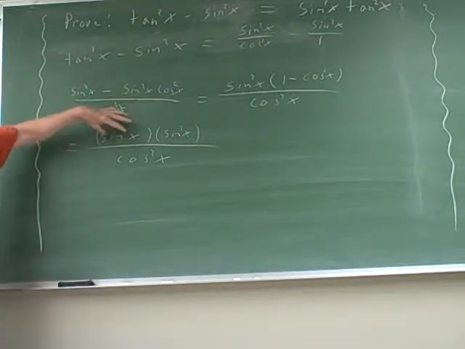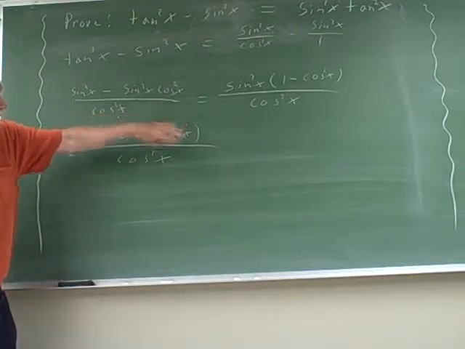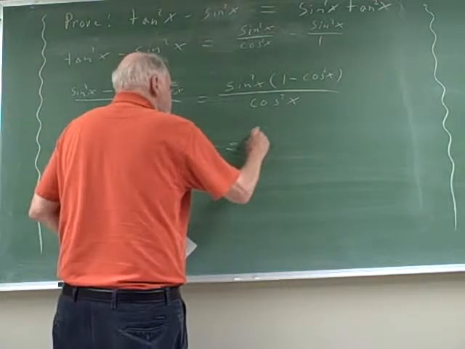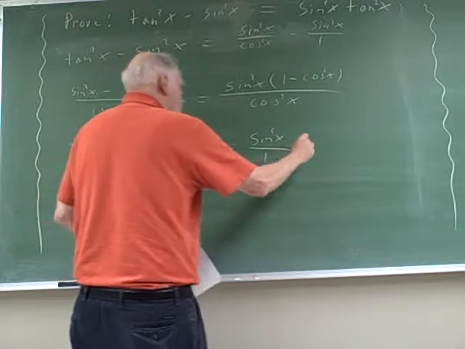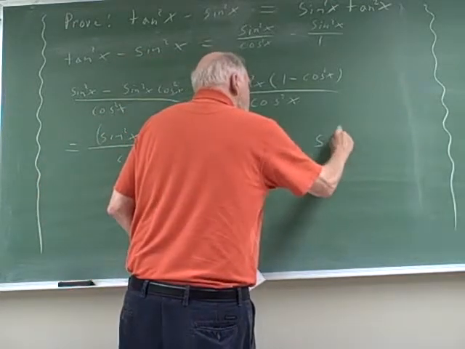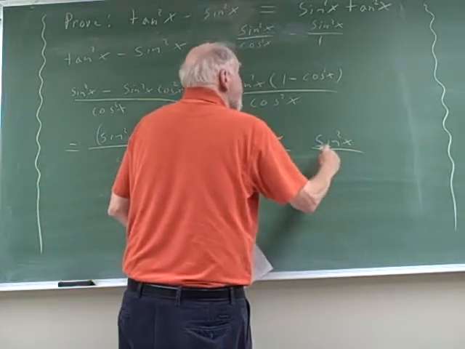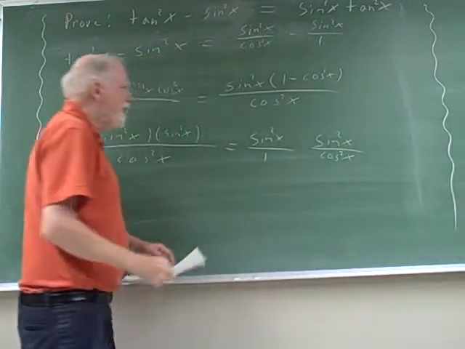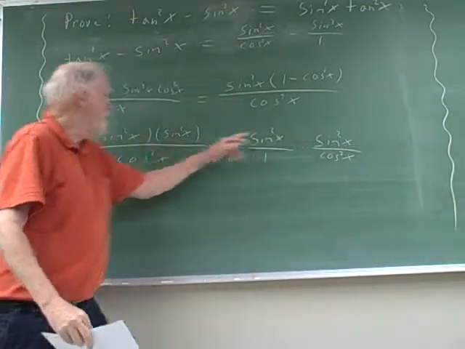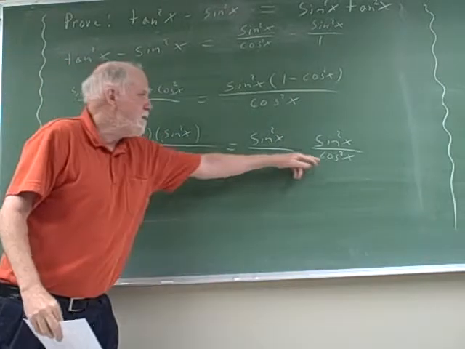Now I could split this fraction into sine squared over 1, okay, times sine squared x over cosine squared x. Okay. Why? Because when I multiply top times top, I get this. Bottom times bottom, I get that.